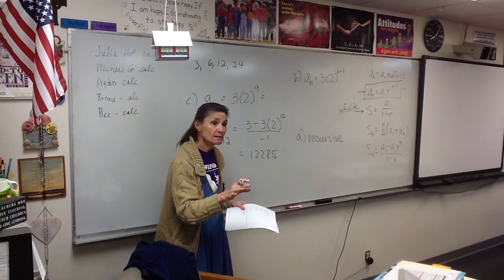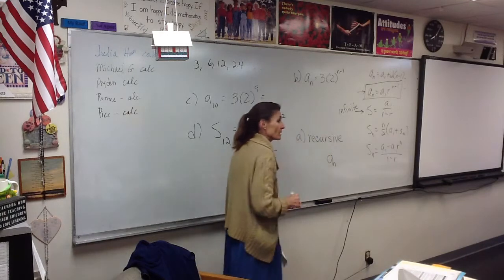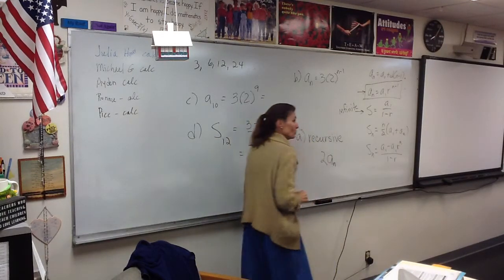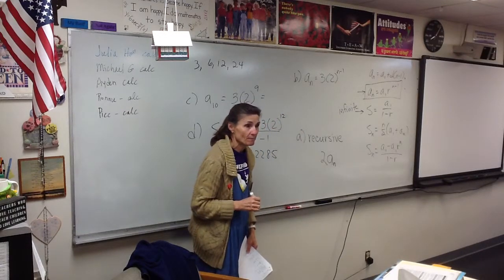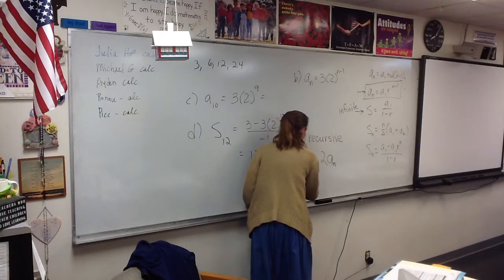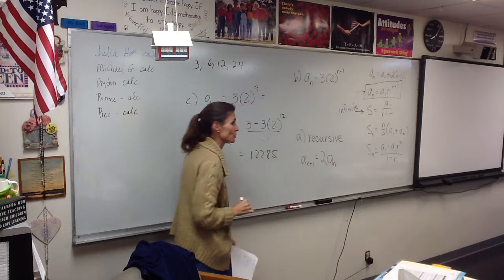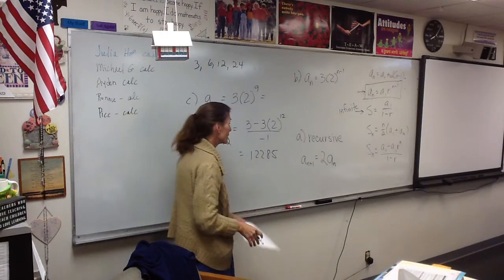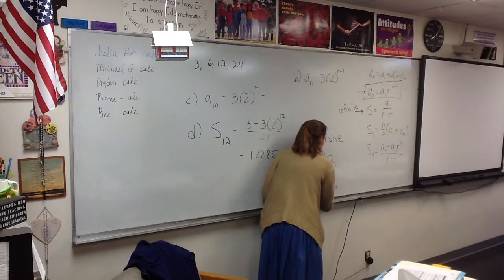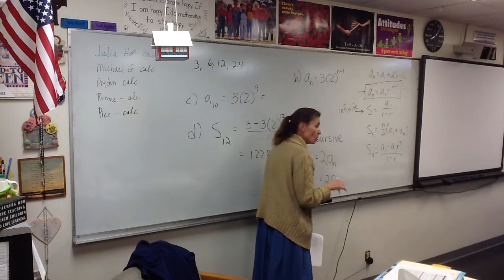So what you're saying to me is, if I have a term, any term, and I times it by 2, what will I get? Double. The next term, right? And the next term after the nth term would be the n plus first term. So in other words, if you took the 6th term and times it by 2, what would that give you?